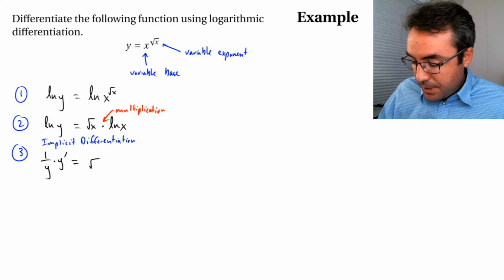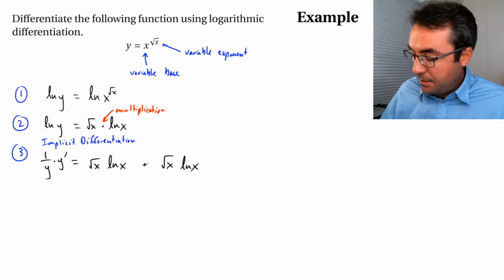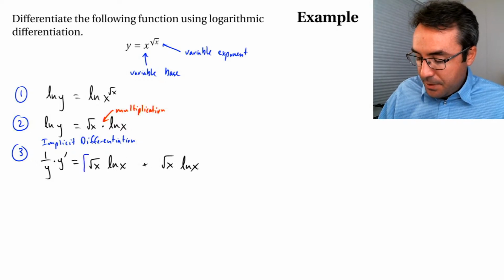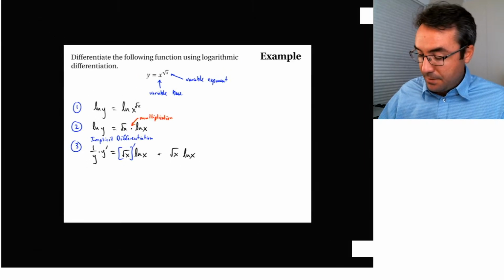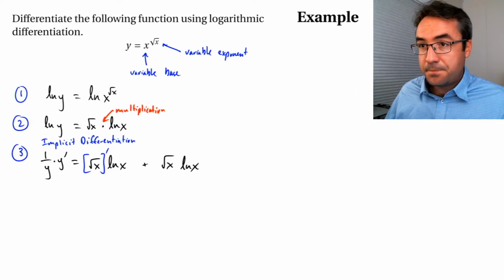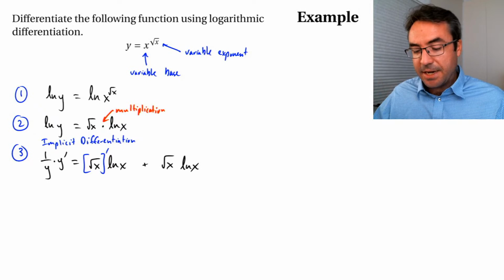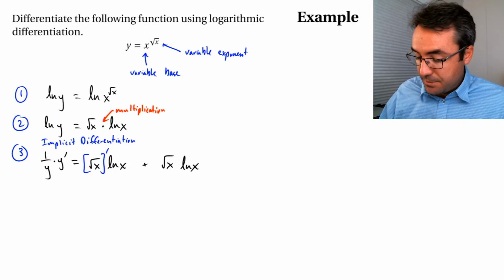So we write down 2 copies of our function. Put a plus sign in the middle. And then in the first copy, we apply the derivative to the first function. And then in the second copy, we apply the derivative to the second function.